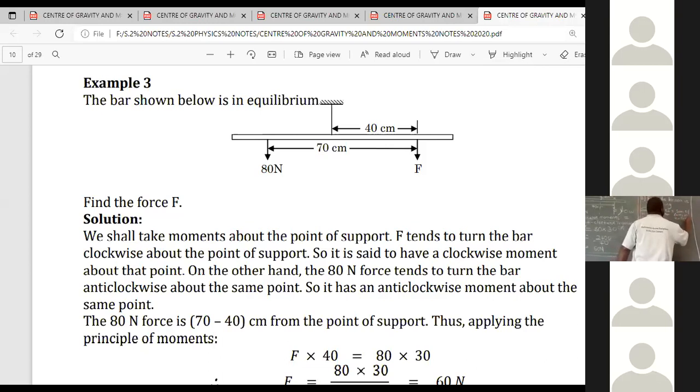Now we have one direction, which is the upward direction, which is T, and it is the only force in that direction. It's equal to the sum of the forces in the opposite direction. How many forces do you have in the opposite direction when you look at that diagram?